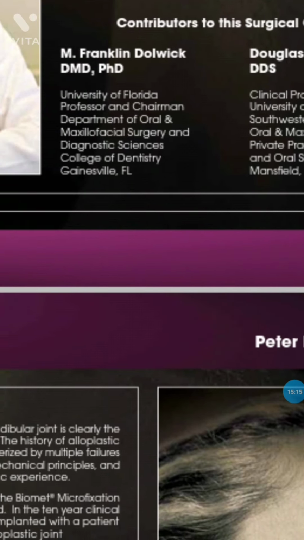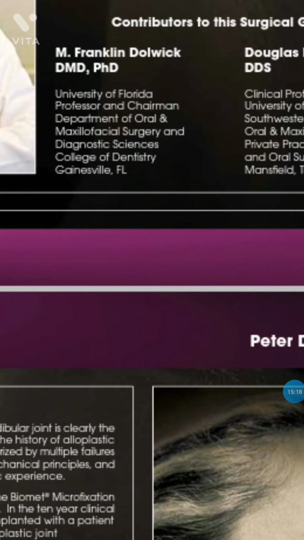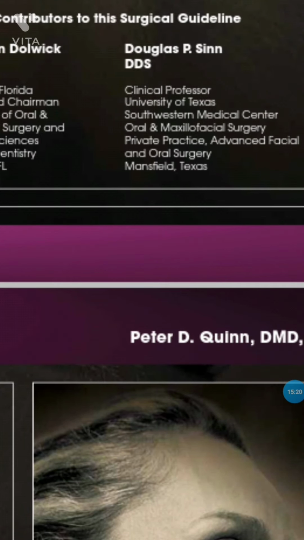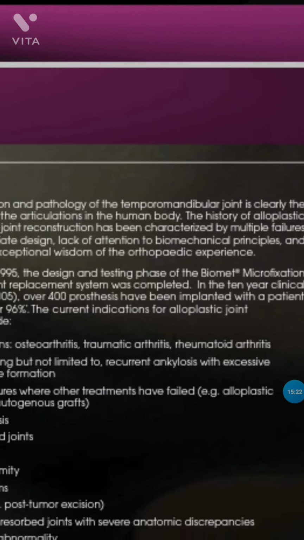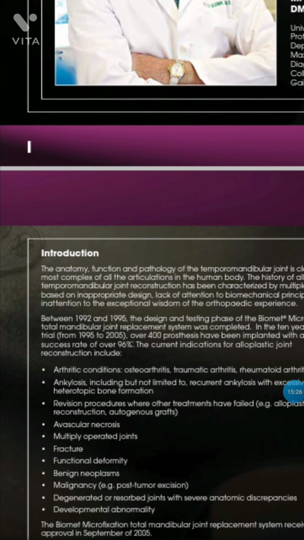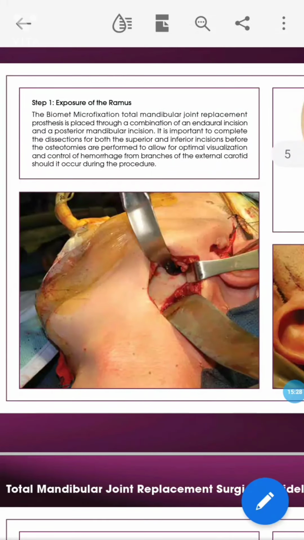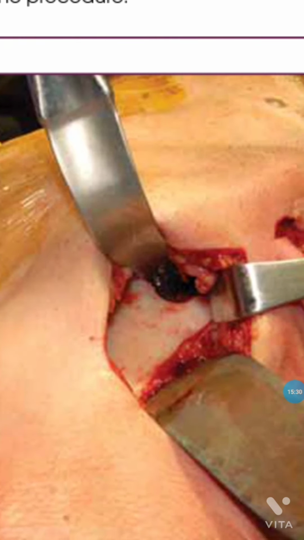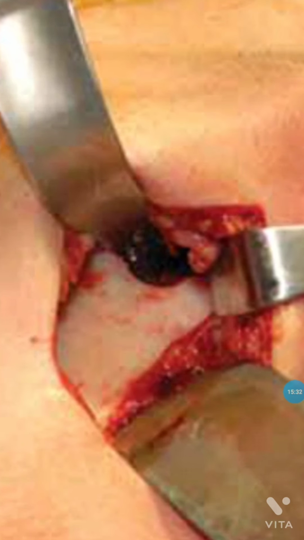Followed again by ramal exposure. Then you dissect along the mandibular branch of the facial nerve. This is followed by the reflection of the masseter.